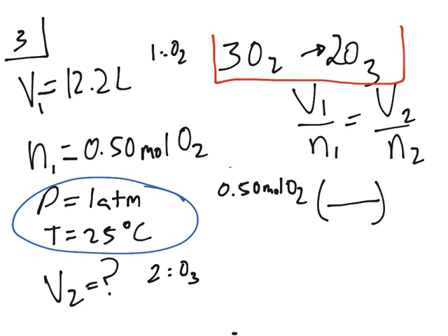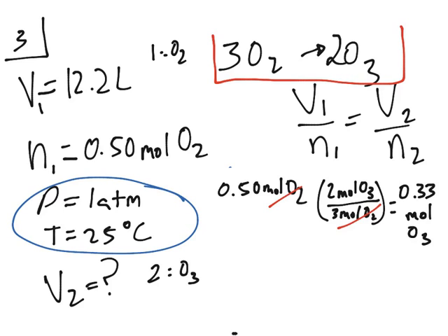So we'll say that 3 moles of oxygen form 2 moles of ozone. And as you can see, this cancels out, leaving us the moles of ozone, which would be 0.33 moles of O3.